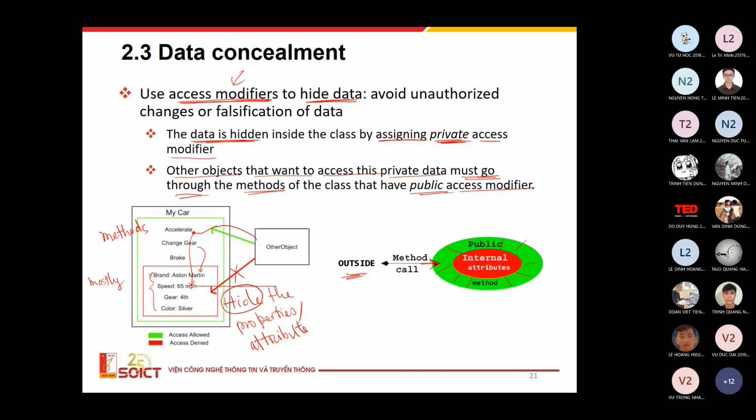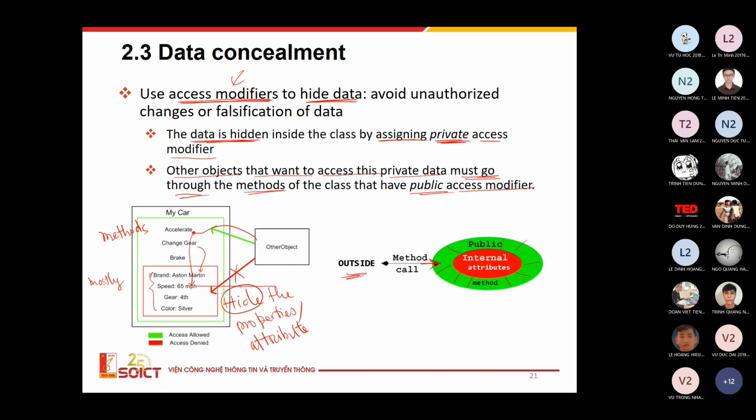Ý nghĩa thứ hai là nhờ có tính đóng gói này mà mình có thể triển khai được ưu điểm của lập trình hướng đối tượng là tính che giấu thông tin. Che giấu thông tin bằng cách nào? Tức là các thành phần như thuộc tính và phương thức đều được gán một thông tin gọi là phạm vi truy cập.